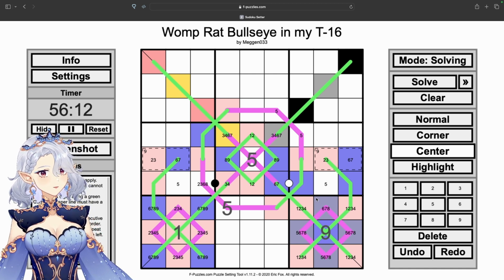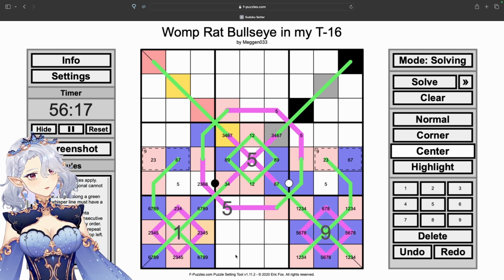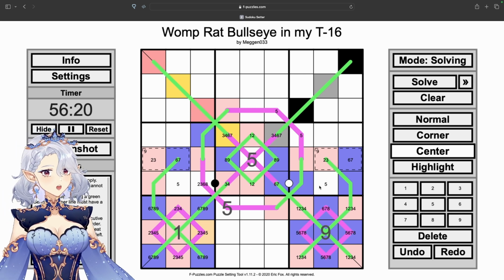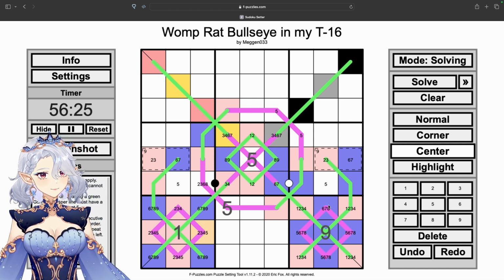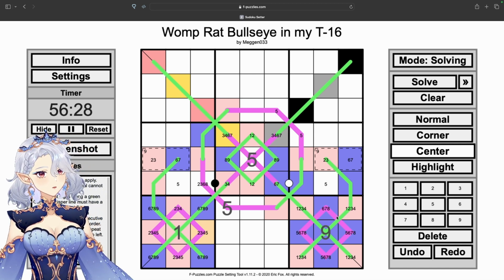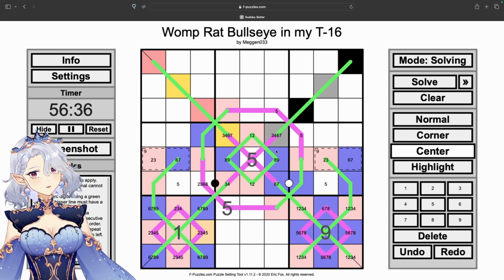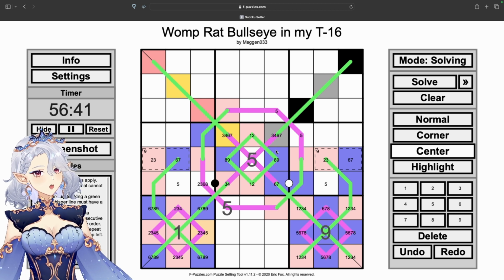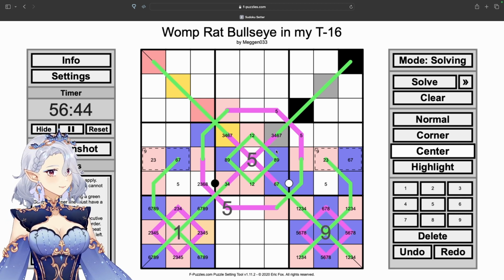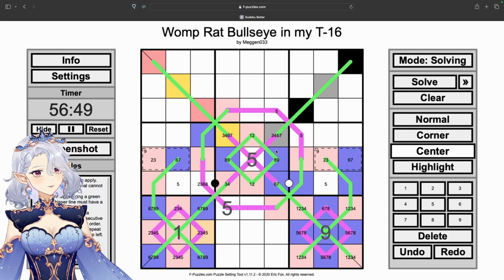Now we got our colors. We got finally high and low solved. This is really, really good. Like, huge progress. Do I know something about the top half then?